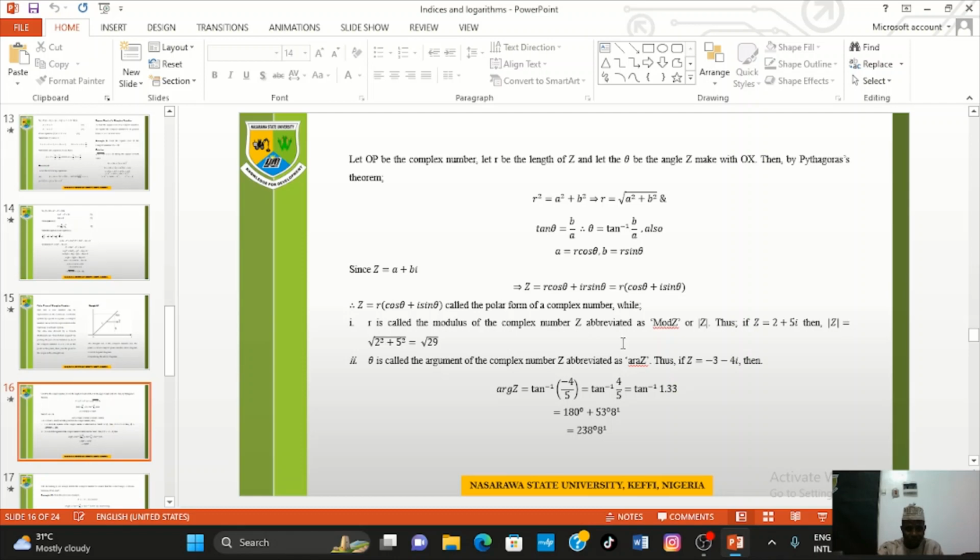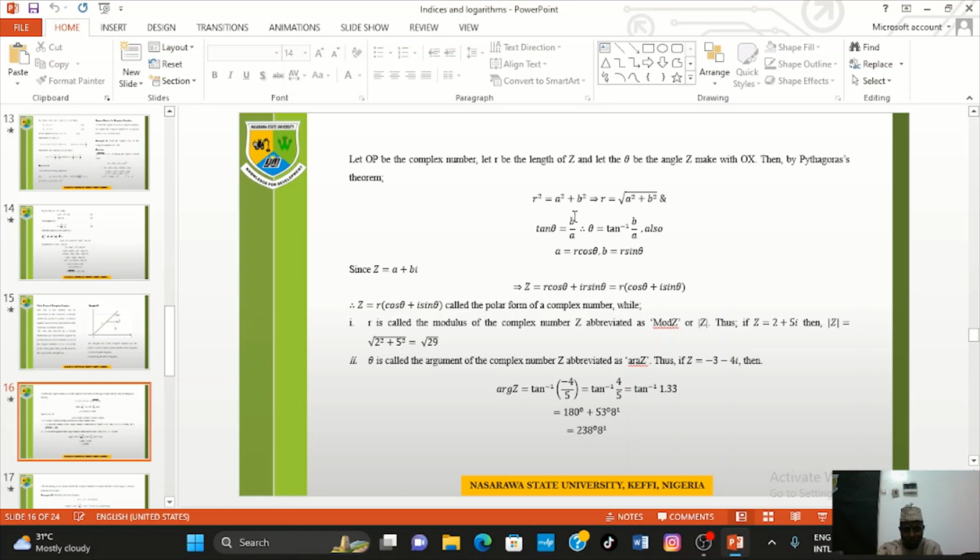So from that, let OP be the complex number. Let R be the length of the Z, and let theta be the angle Z makes with OX. Then by the Pythagorean theorem we have R squared equals A raised to the power of 2 plus B raised to the power of 2.